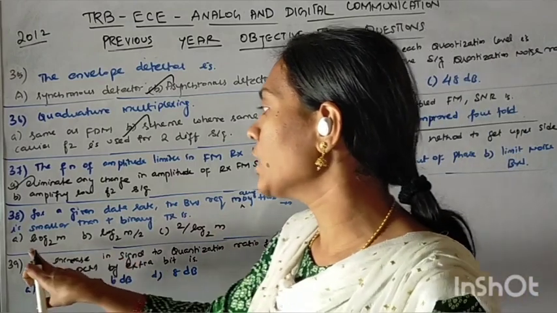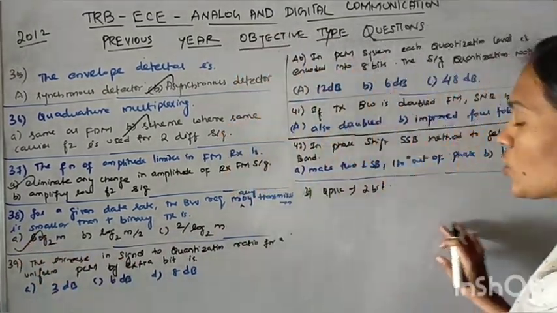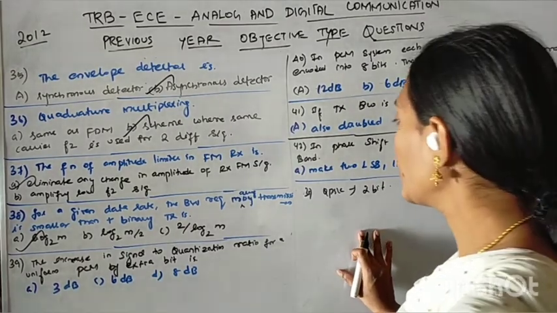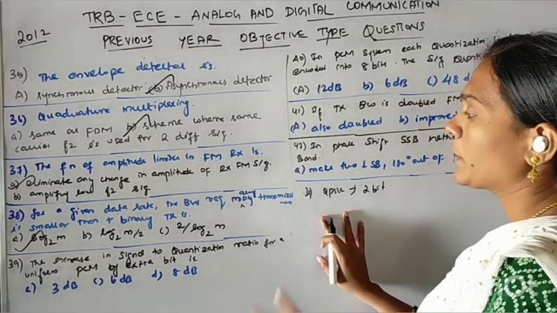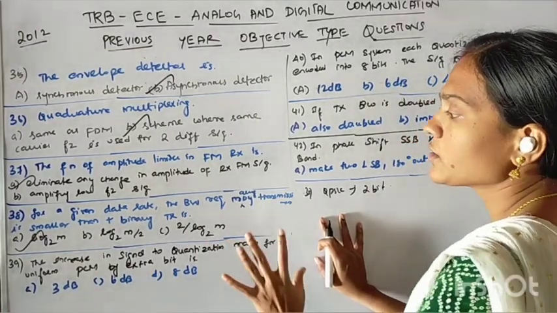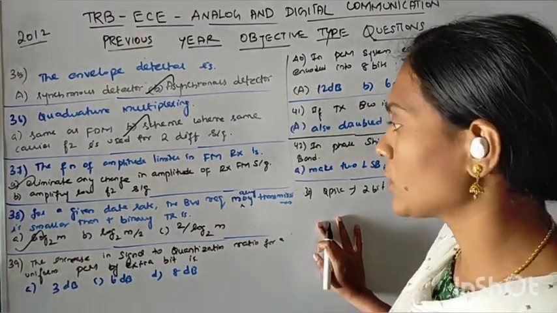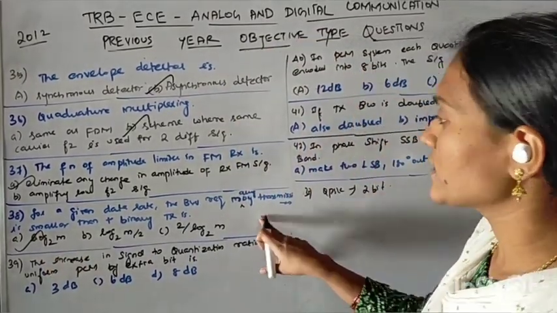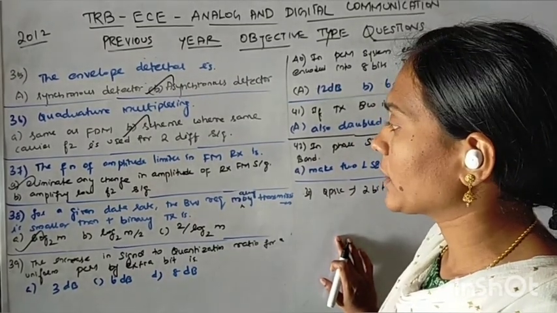The formula is log 2m. So option A is the correct answer. In QPSK each sample is represented as 2 bits, but the binary transmission will be less. So compared to the binary, the MRA transmission is log 2m, option A. This is theory; all of these are theory-based questions they have asked.